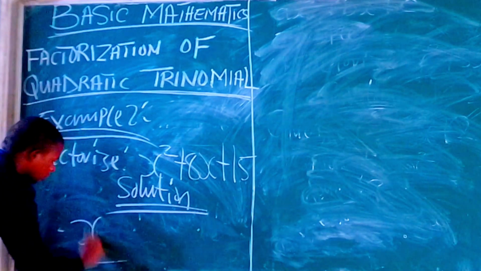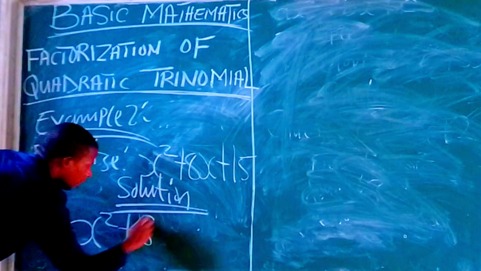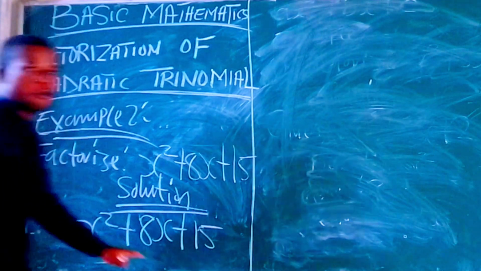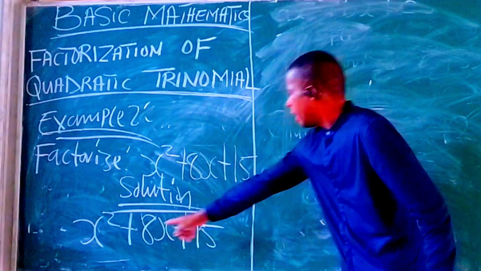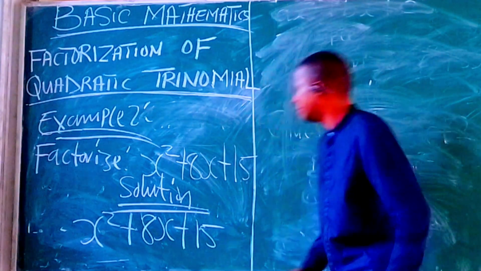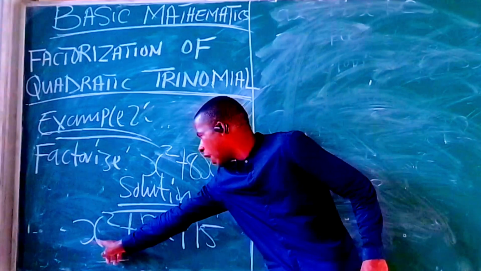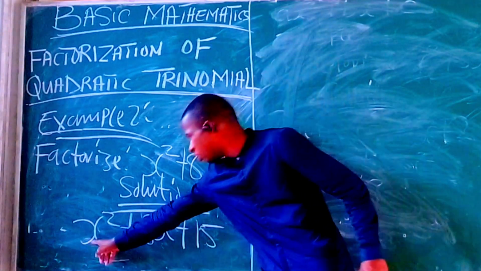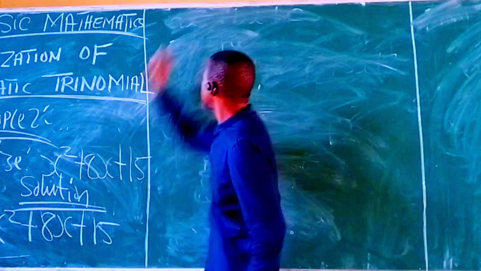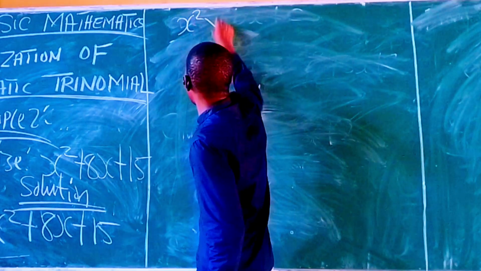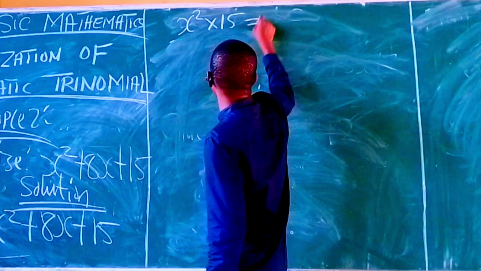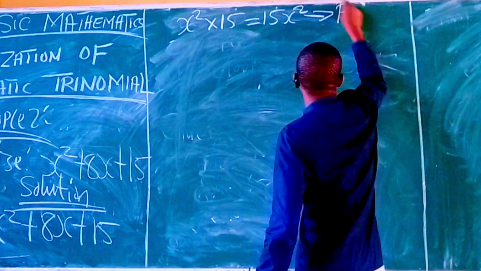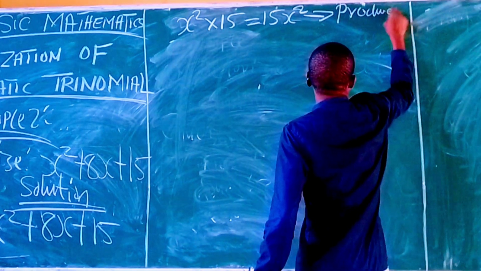We have x squared plus 8x plus 15, right? Now from this, x squared plus 8x plus 15, you know that if you multiply the first one and the last one, that is x squared times 15, that is 15x squared as our product.